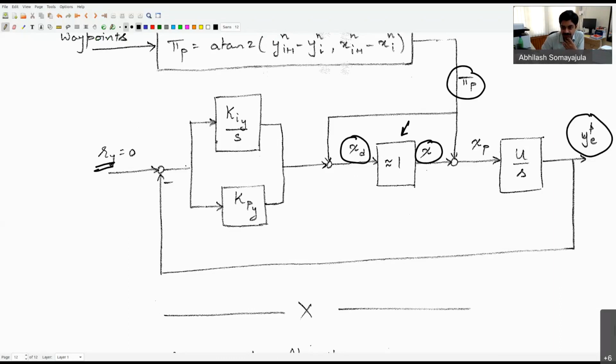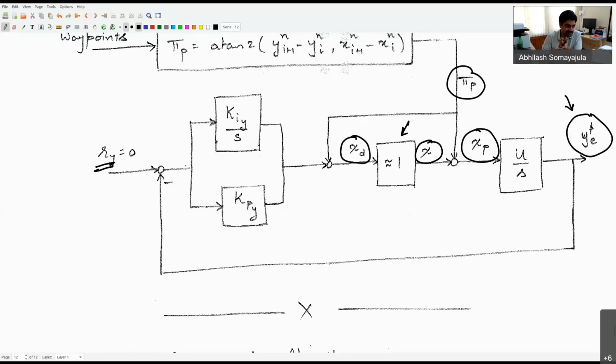Now I take that course angle and subtract the value of pi p in order to get the value of this projected angle with respect to the path tangential frame. And that, when I integrate, will actually give me the dynamics of YPE. So that is how the net control loss block diagram looks.